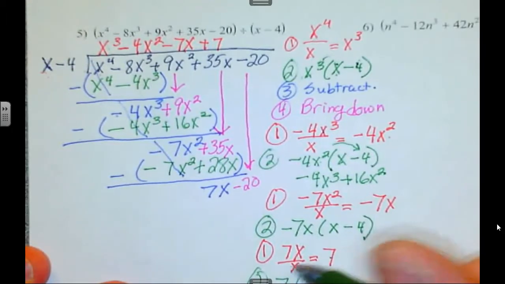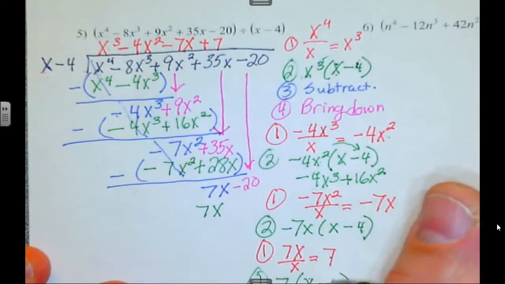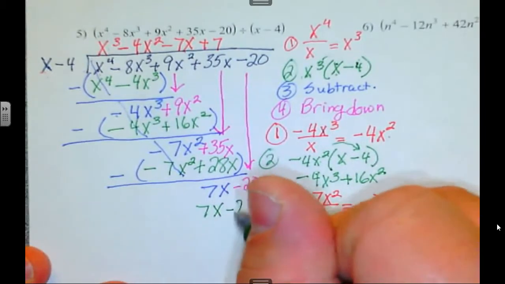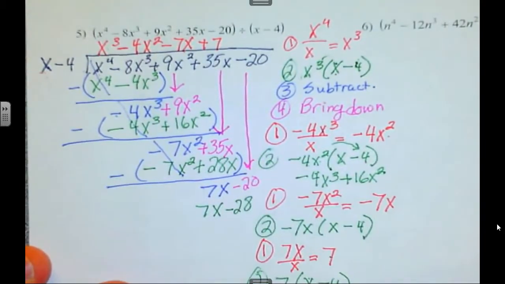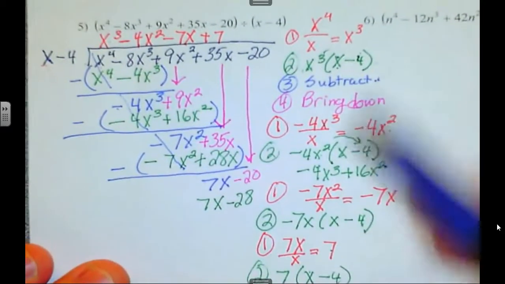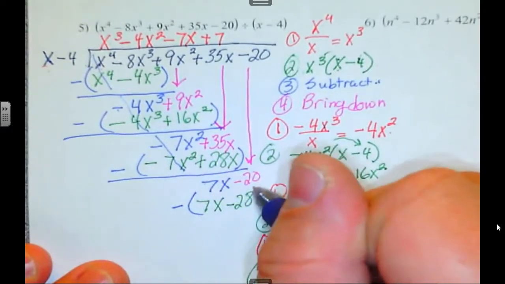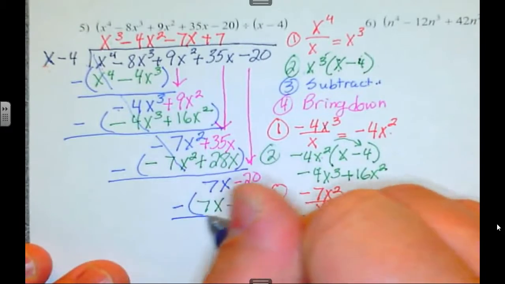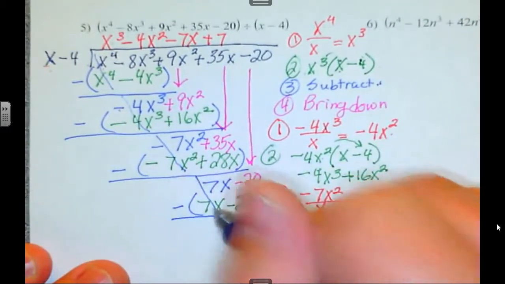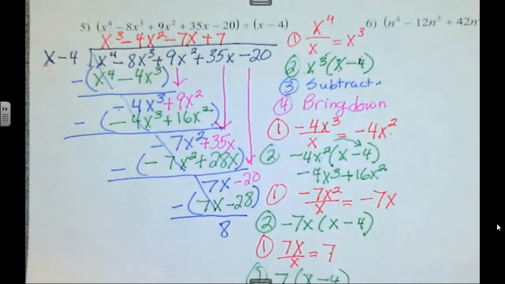See, I get 7x. 7 times minus 4 is minus 28. Step 3, subtract. Subtract the quantity 7x minus 28. These cancel out, and I get a positive 8. That's my remainder.